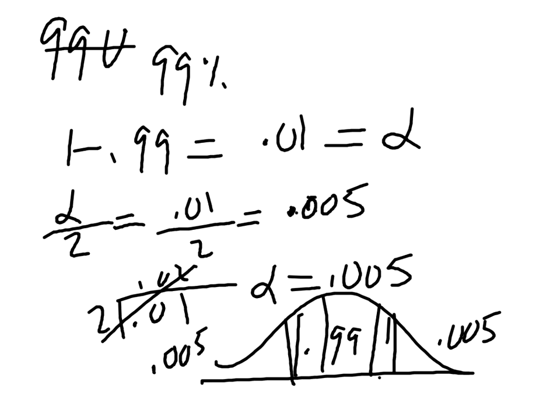Okay, so let's summarize some things here. Let's first set up for a confidence level, and then we'll set up for an alpha, and then we'll set up for our z sub alpha over 2 values.